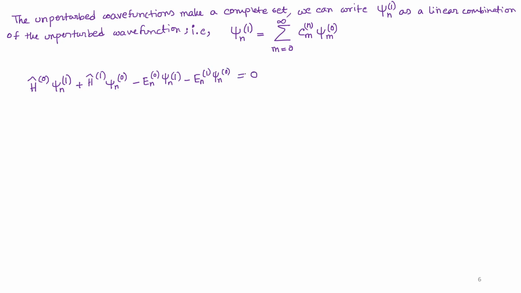So now we are going to left multiply with an unperturbed wave function, but a different one, not the same one as n. To get the energy, we multiplied with psi n zeroth star. Now we'll use a different unperturbed wave function.